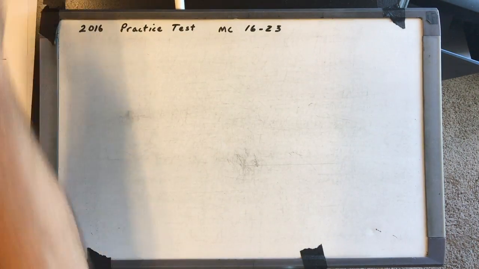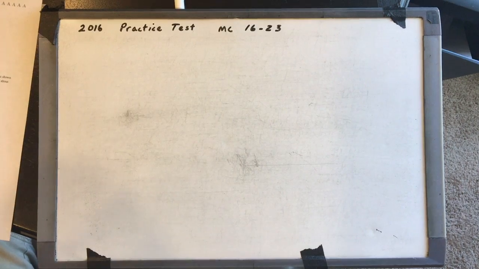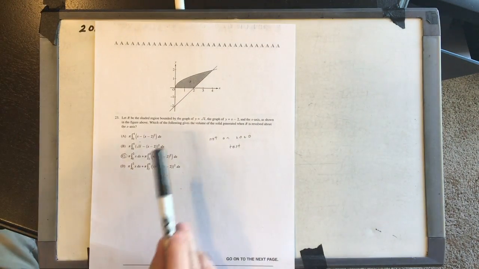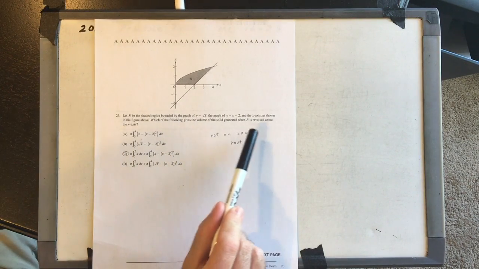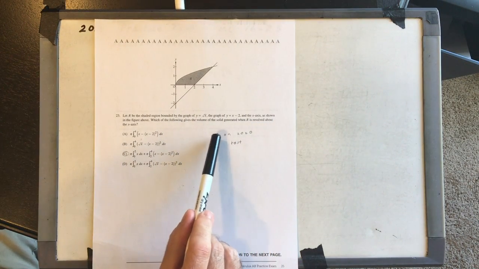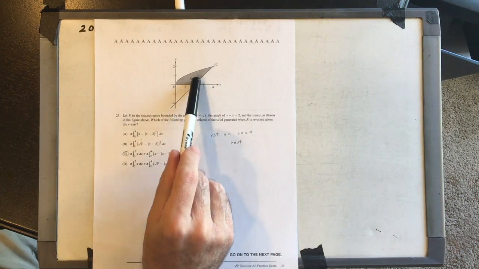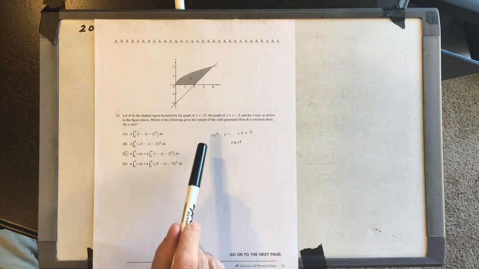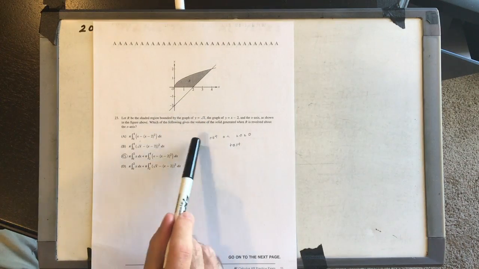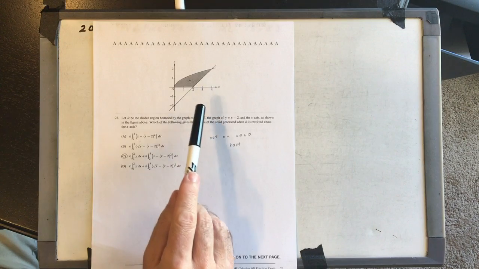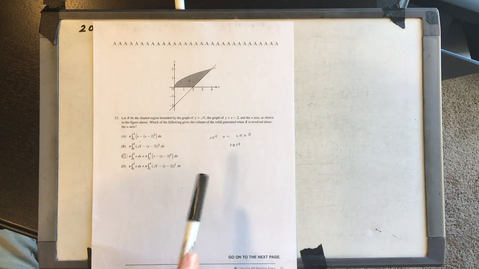All right, our last one for this video is number 23. Number 23 asks you to get the volume of the solid generated around the x-axis. And it grieves me because you know how to do this. You could find that one. You would know that this is the washer method, and you know how to get the outer radius and the inner radius.